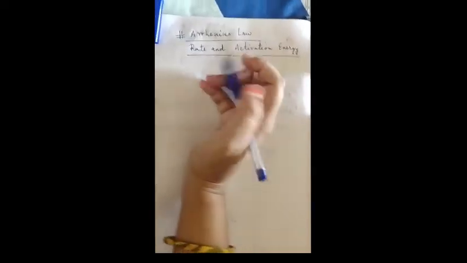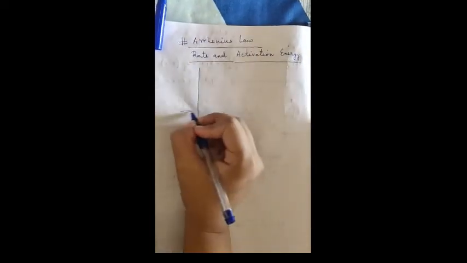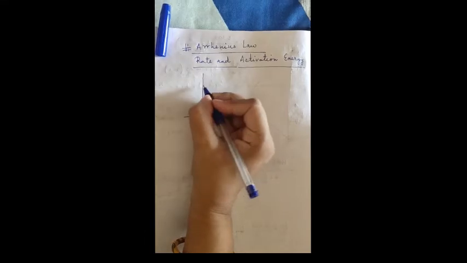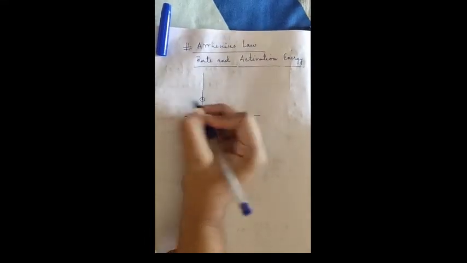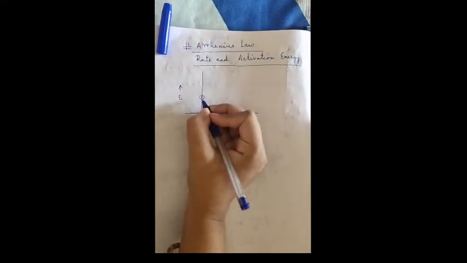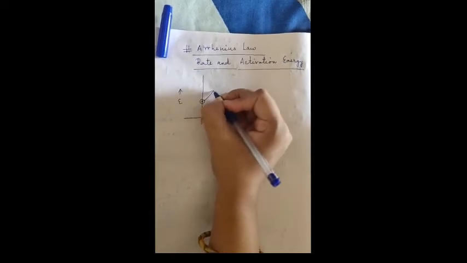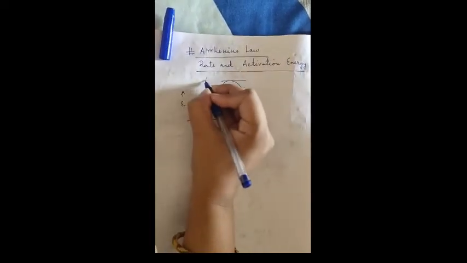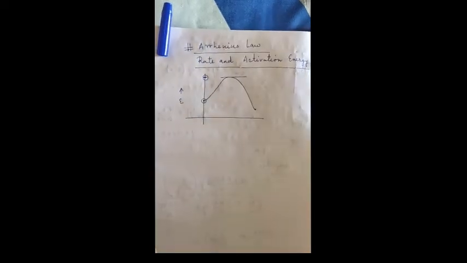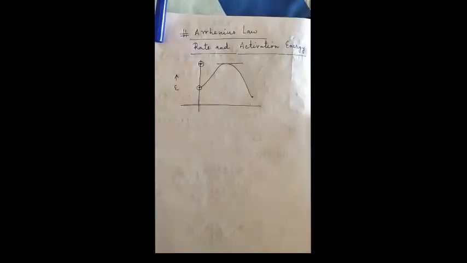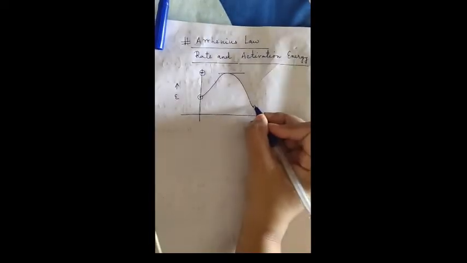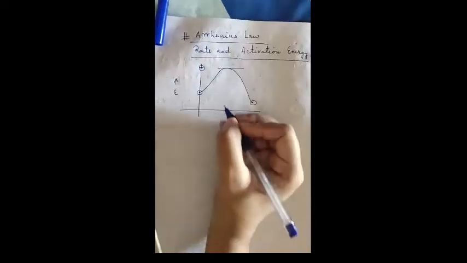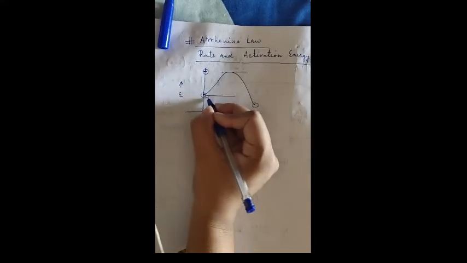But in this case we want to plot only log (A minus X). From here, Kt by 2.303 is equal to log A minus log (A minus X). So keeping log (A minus X) on one side as y, what can we write? Log A minus Kt by 2.303. This is our expression.